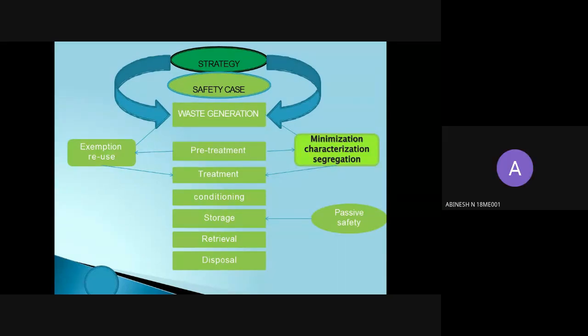That's all. Okay, next. What are the different types of radioactive waste? Jai Vishnu, is it audible?